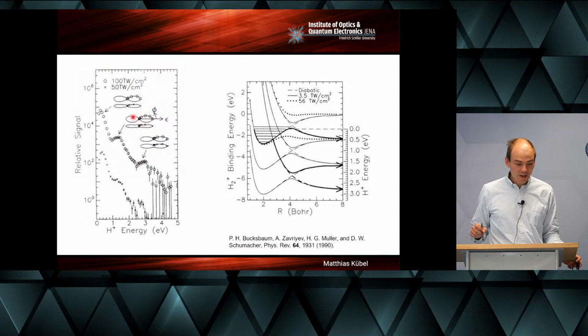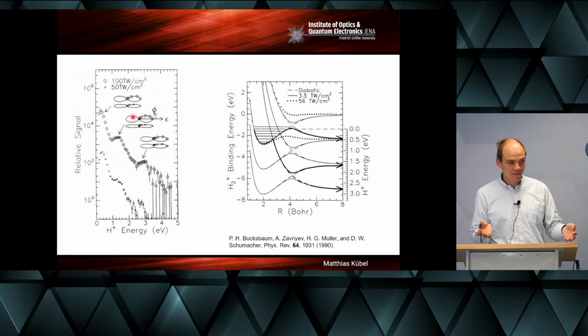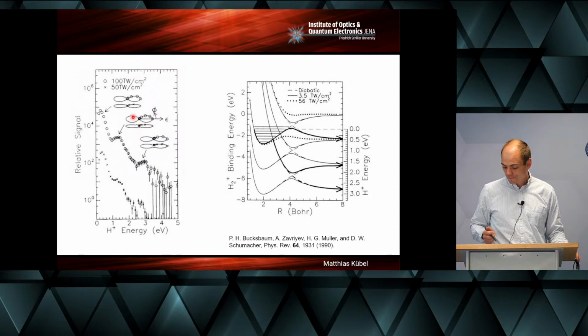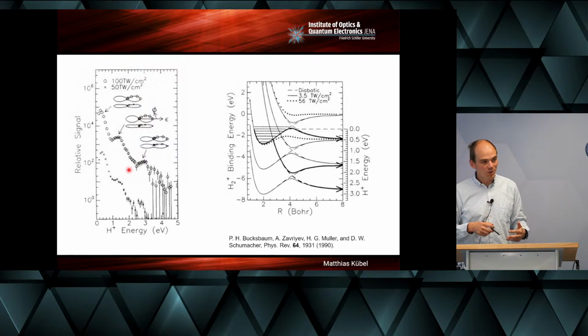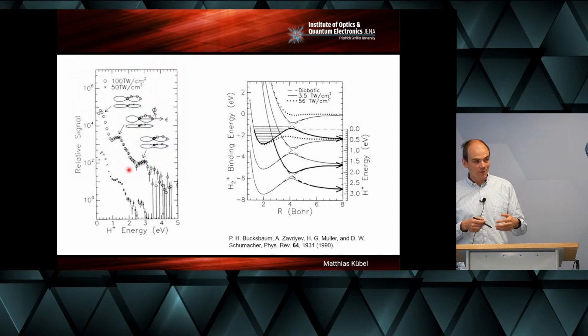It's actually half a photon energy, because the neutral fragment produced here, as well as the proton, has essentially the same mass, so it carries the same energy. This suggests that the molecule can somehow absorb multiple photons after the electron has already gone and ionization is over.